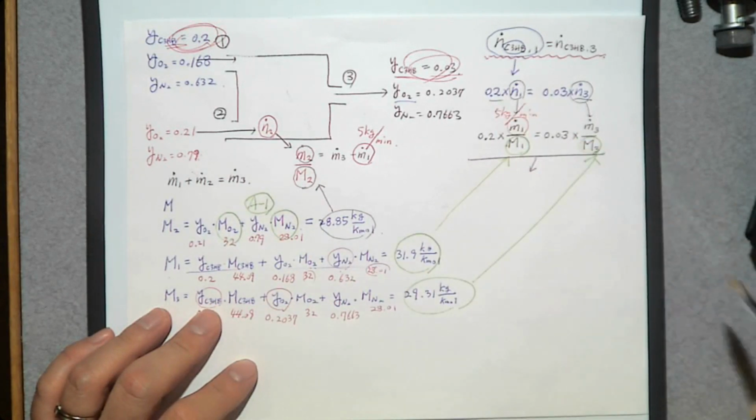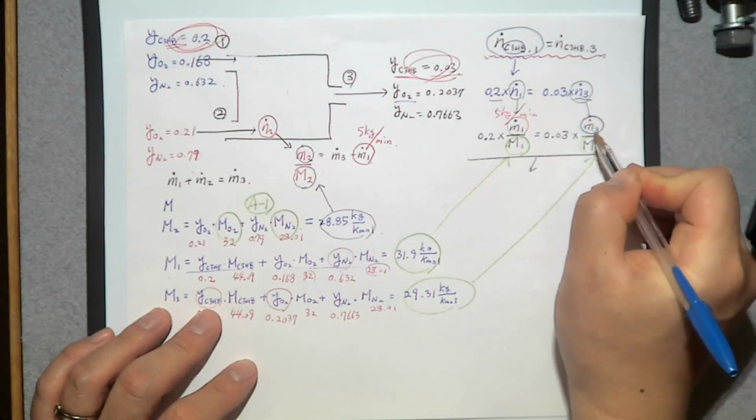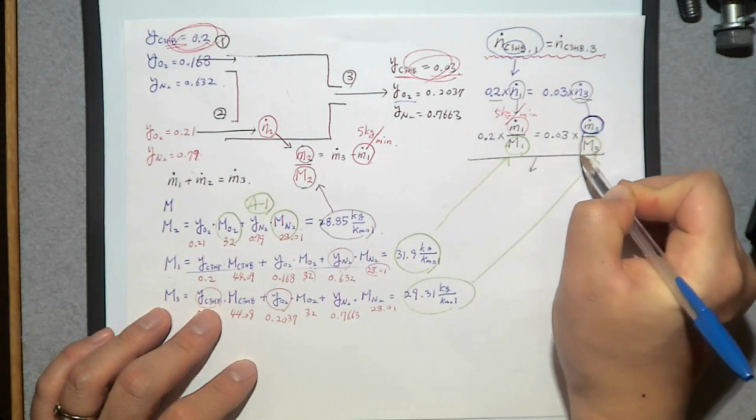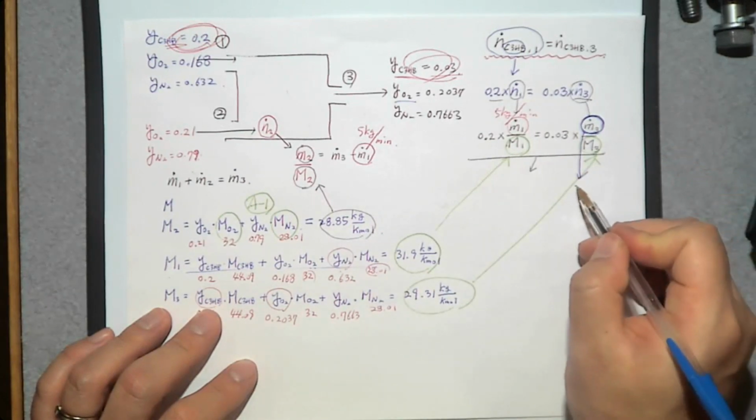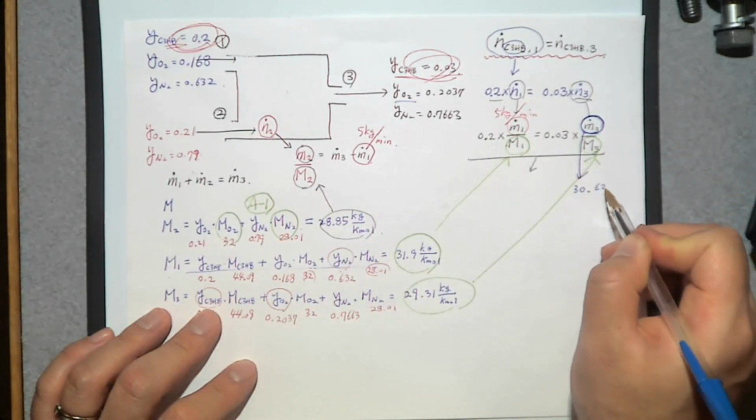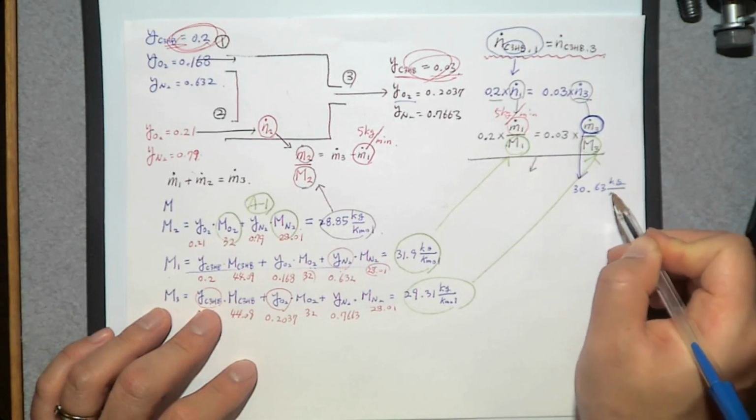So we can determine m dot number 3 from this equation here. That is 30.63 kilogram per minute.